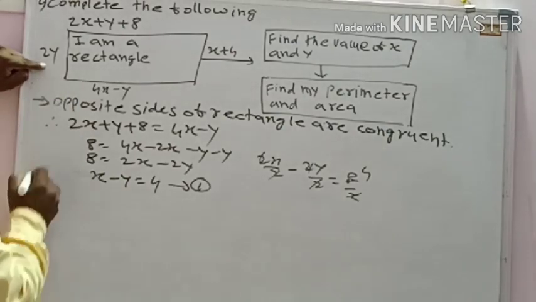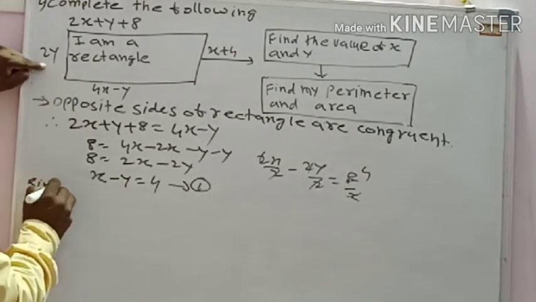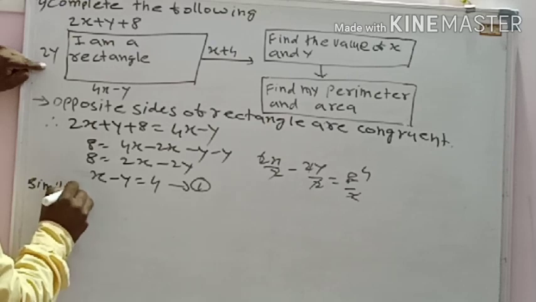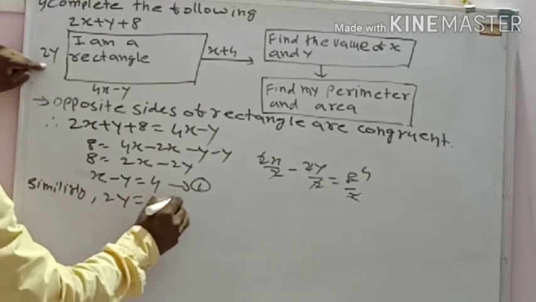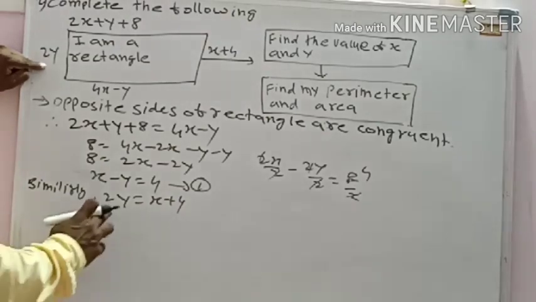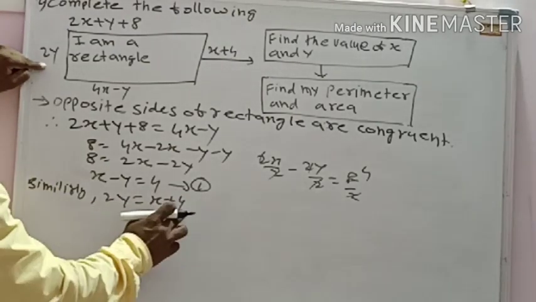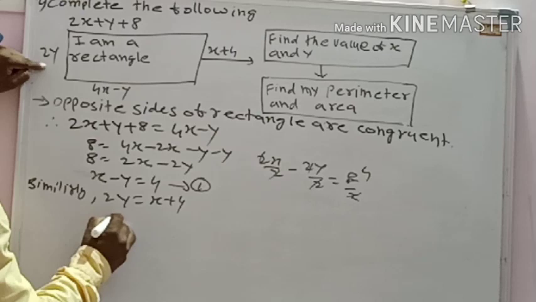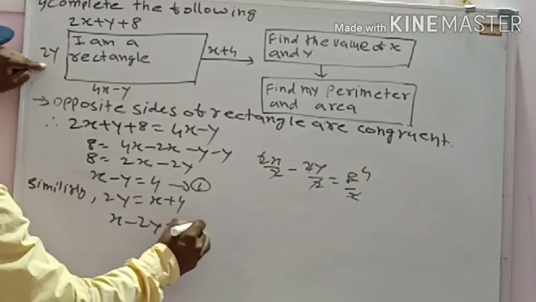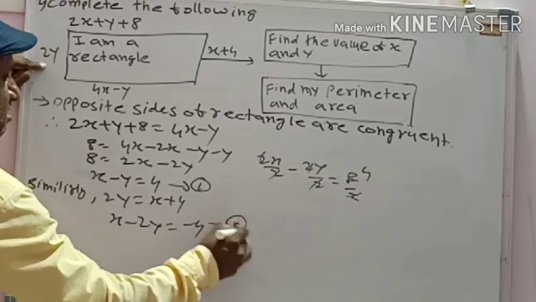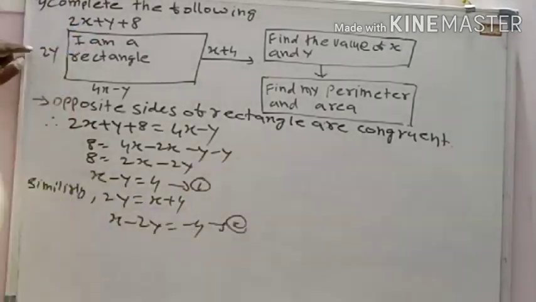Now similarly, 2y is equal to x plus 4. Then take 2y to the right hand side and 4 to the left hand side. Minus 2y is equal to minus 4. This is equation number 2.